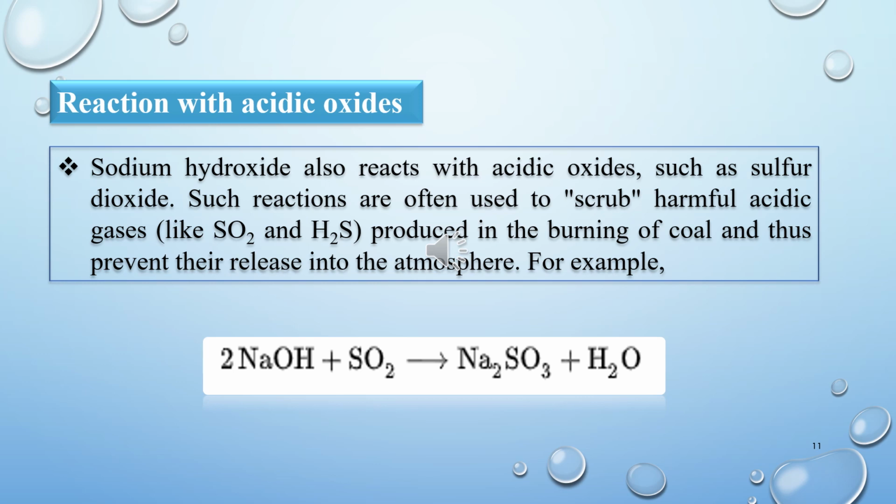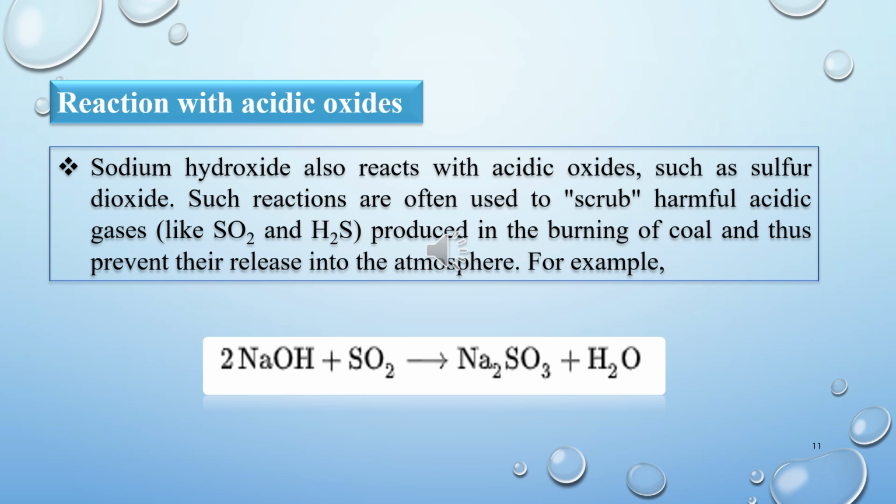Such reactions are often used to scrub harmful acidic gases like sulfur dioxide and hydrogen sulfide produced in the burning of coal, thus preventing their release into the atmosphere. For example, in the figure, sodium hydroxide is reacting with sulfur dioxide and forming sodium sulfide and water.